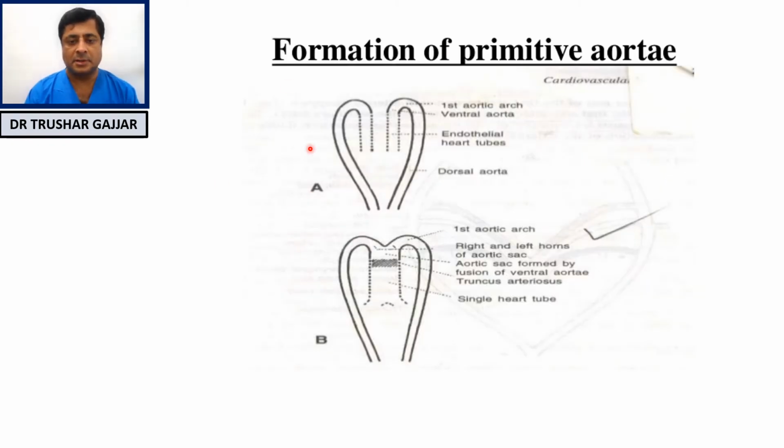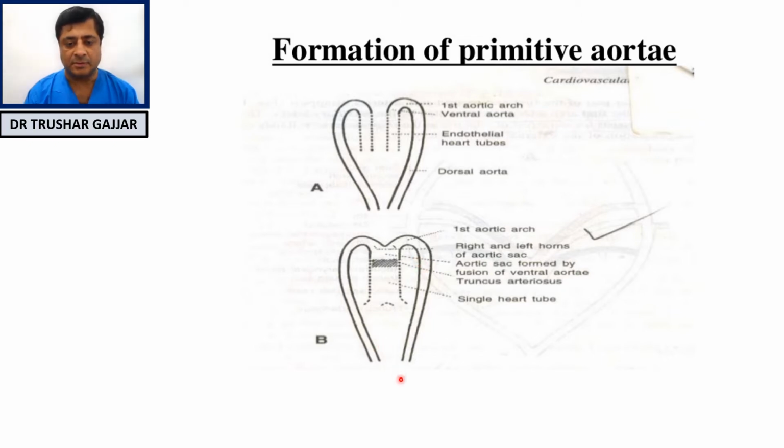As you know earlier, the primitive heart tube is formed from the two endothelial tubes which fused in the cephalic portion and remained separated in the caudal portion. From there, two arches came out on either side, that is called the ventral aorta.